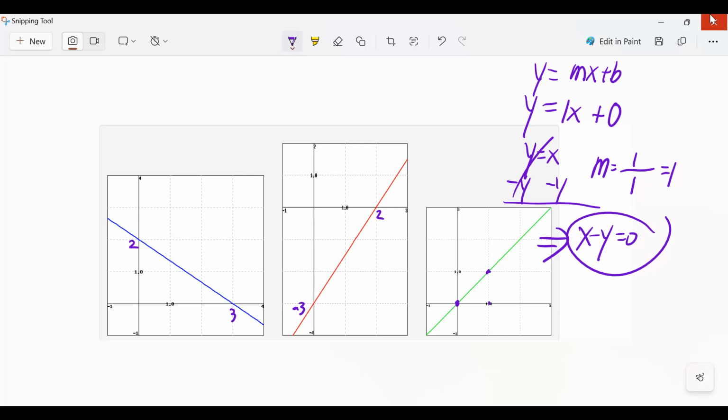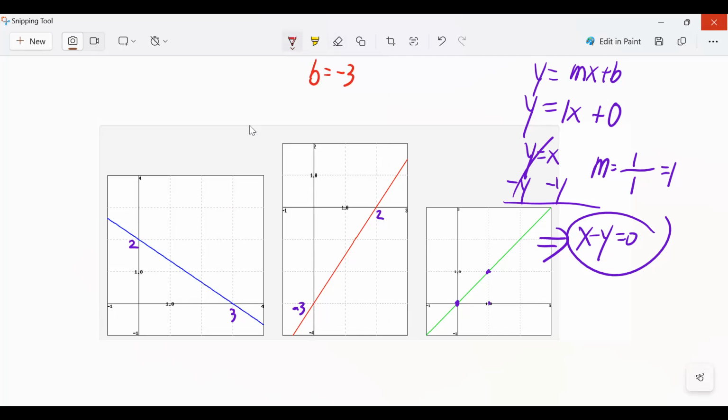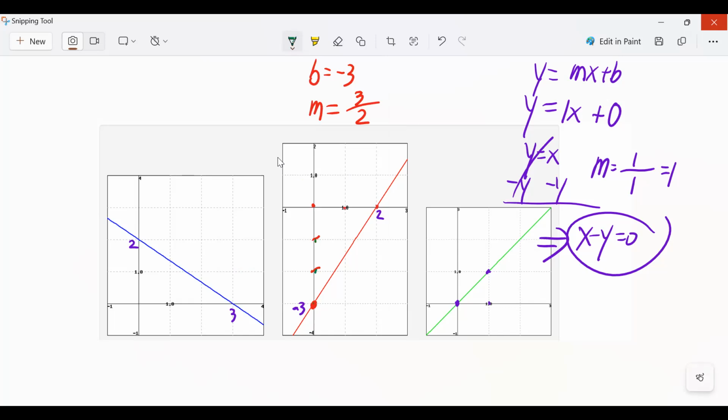Second one, we're going to tackle the red one, right? So let's look at the y-intercept first. The y-intercept b is -3, right? -1, -2, -3. And then the slope, based on this y-intercept here, go up 3 units: 1, 2, 3.